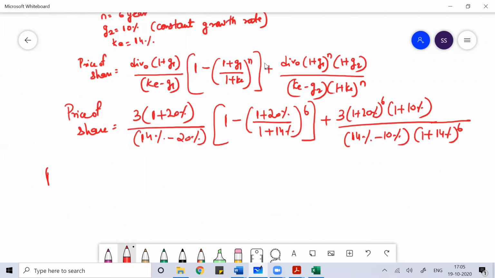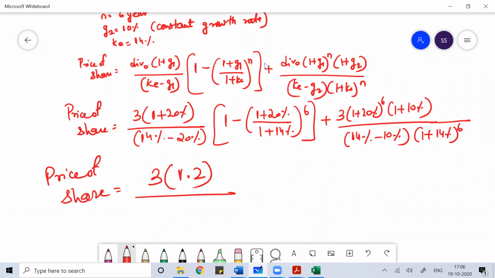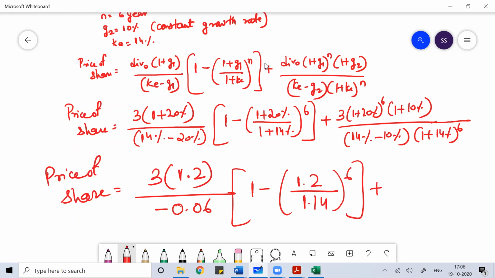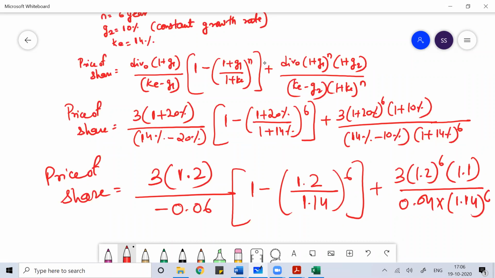So the price of share is equal to 3 into 1 plus 20%, means 1.2, divided by 14 minus 20, which is minus 6%. This is 1 minus 1.2 divided by 1.14 to the power 6, plus 3 into 1.2 to the power 6 into 1.1, divided by 14 minus 10, which is 4%, so 0.04 into 1.14 to the power 6.